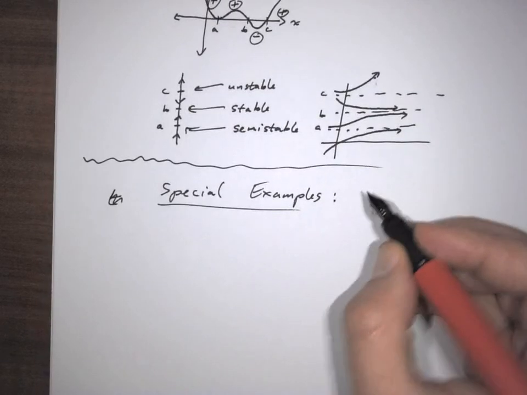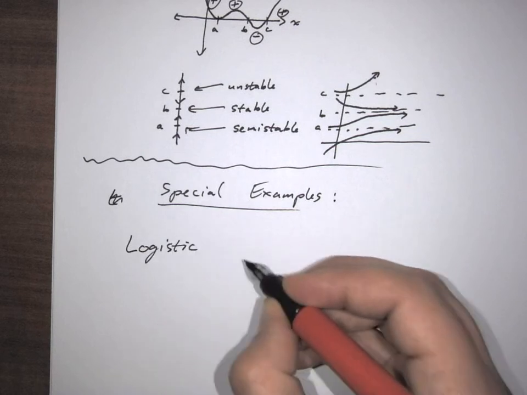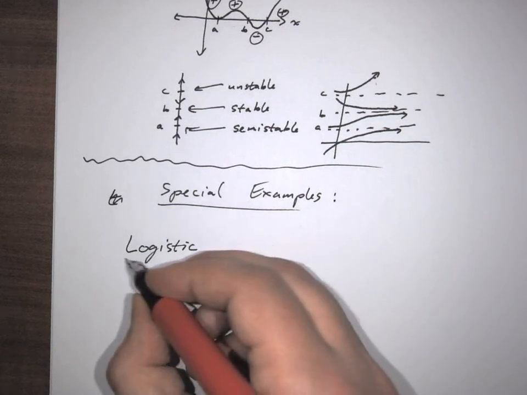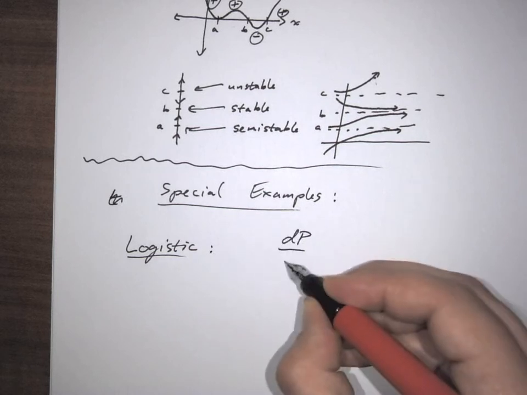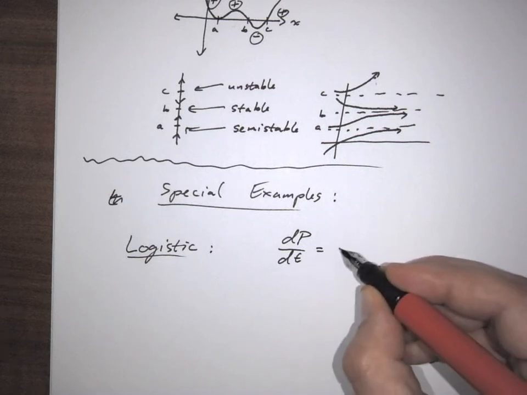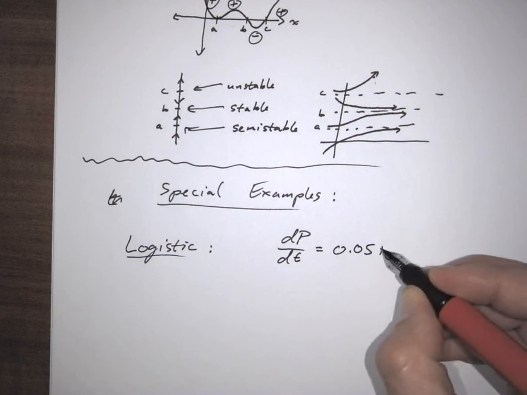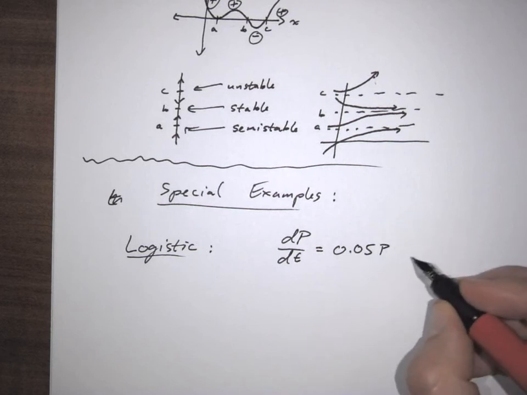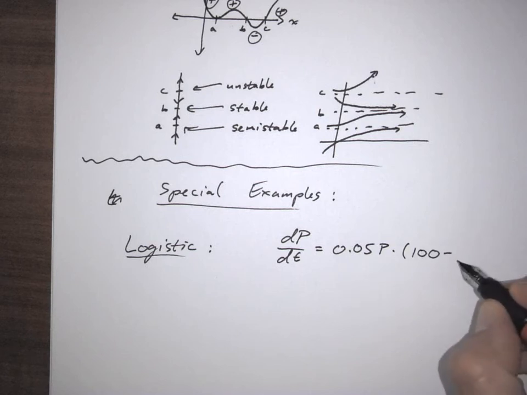Let's take the logistic model for one. So dp dt is equal to 0.05 p times 100 minus p.